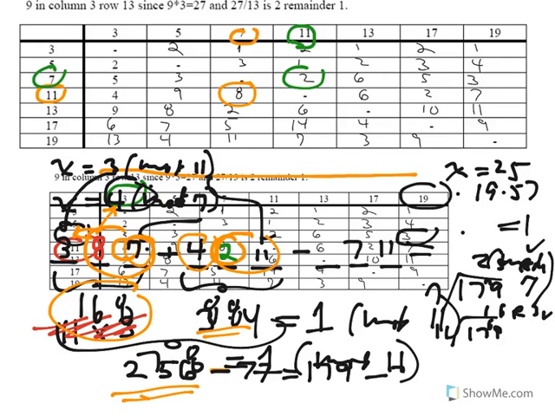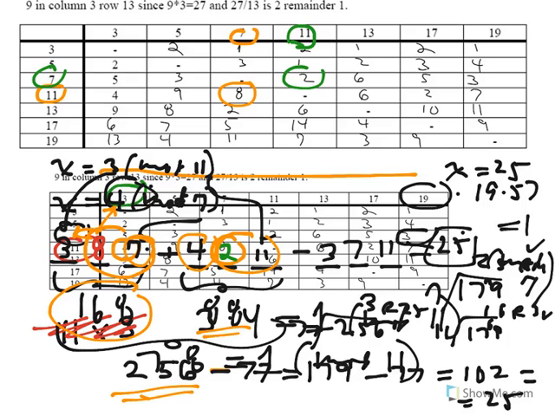But I could do even better by subtracting 77 again and get 102, which is also an answer, and I could subtract 77 again to get 25, which is the smallest possible answer. Can't subtract 77 again. But the sneakiest way to do it is to instead just divide 256 by 77, and you'll get 3 remainder 25. The 3 goes here, the 25 goes there, and that's the answer.